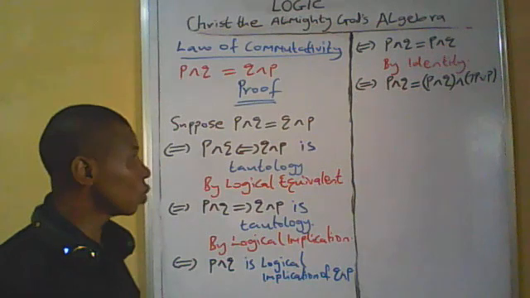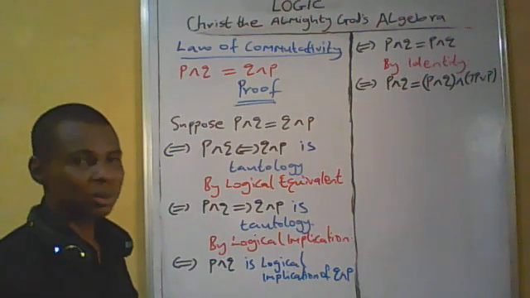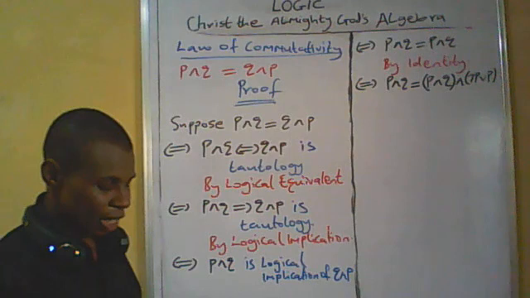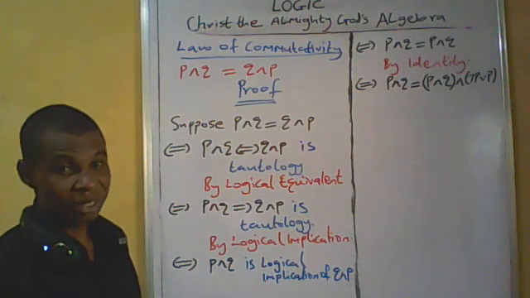So it's still equivalent to P and Q, being justified by law of identity.